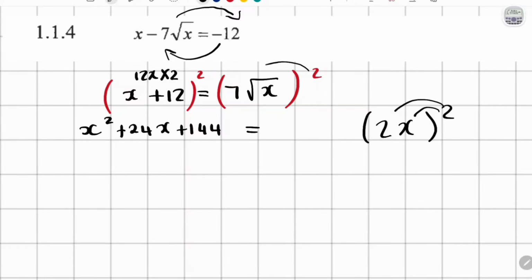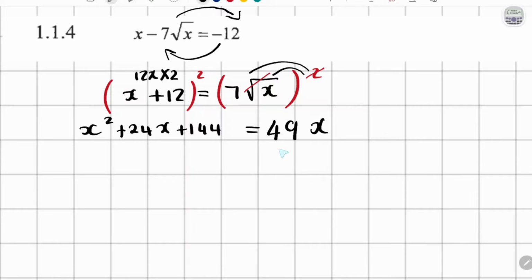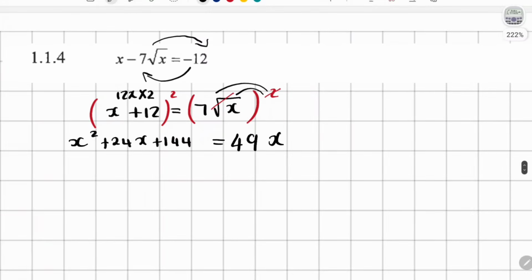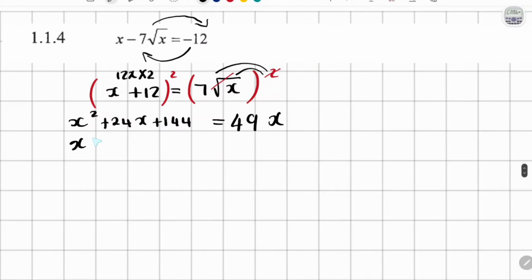It's going to apply to the 7 and the square root of x. So when it applies to the 7, 7 squared becomes 49. And here, if you square that root, the roots will cancel and you're left with just an x. That's where we get that from. And so we can have x squared and then plus 24x.